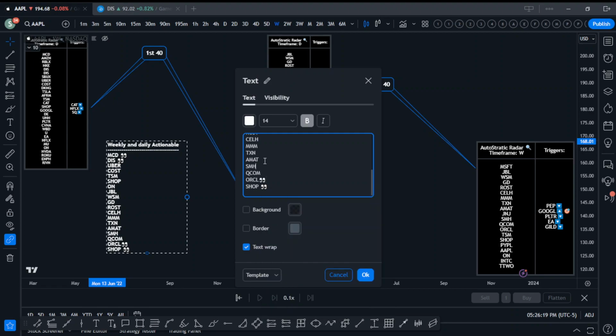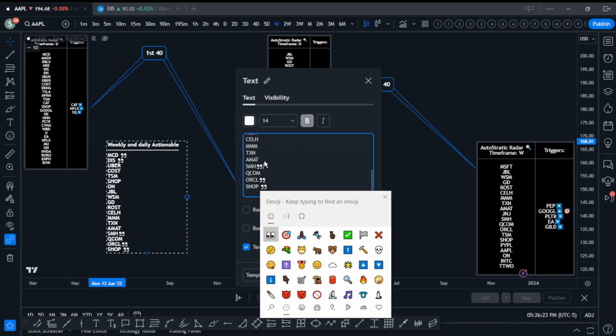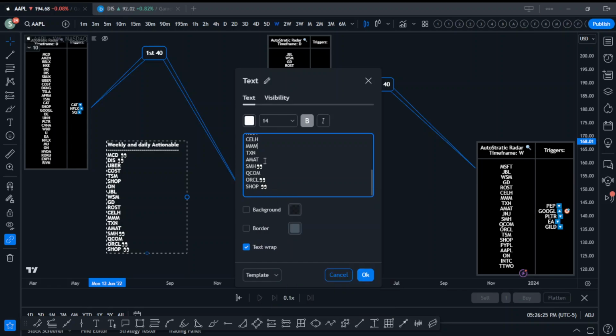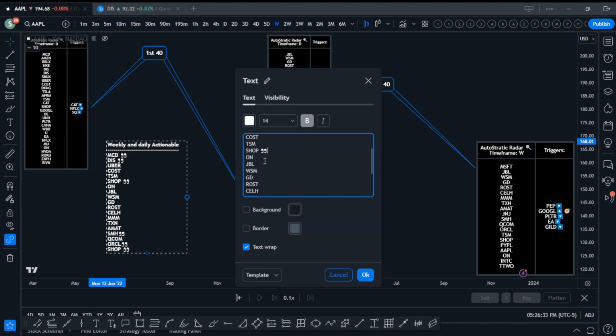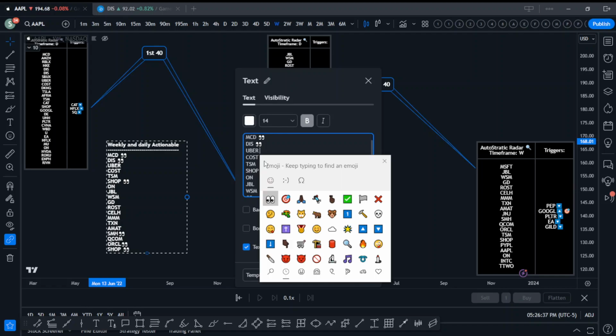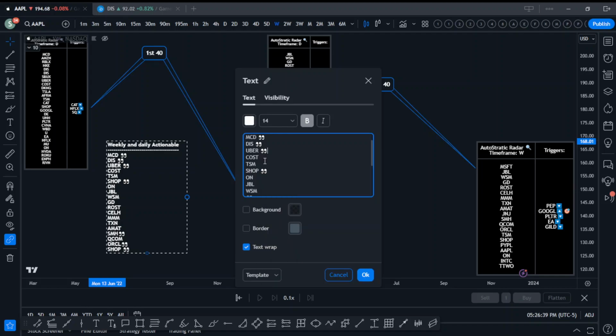I want to say that SMH looks good. Let's say that we saw that Shop looked good as far as the contracts, and Uber. So now I have all of those that I'm specifically looking at because they have actionable signals on the daily and they have affordable contracts.